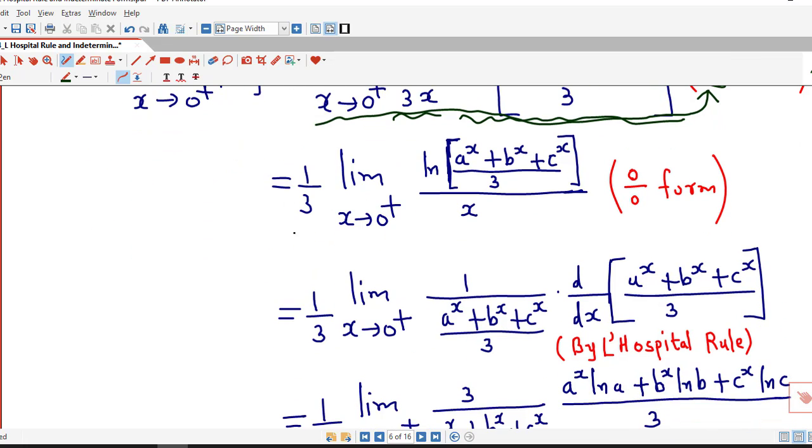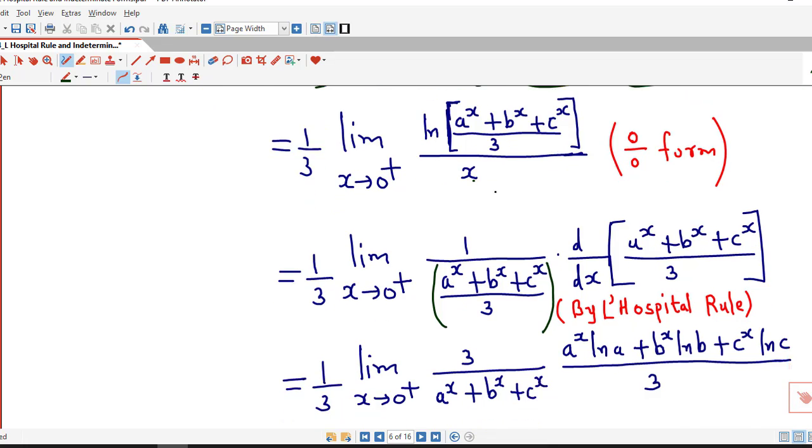So this is equal to 1/3 times the limit as x approaches 0 from the right hand side of the derivative of log of this bracket, which equals 1 divided by this bracket, into the derivative of this bracket divided by the derivative of x, which is 1.